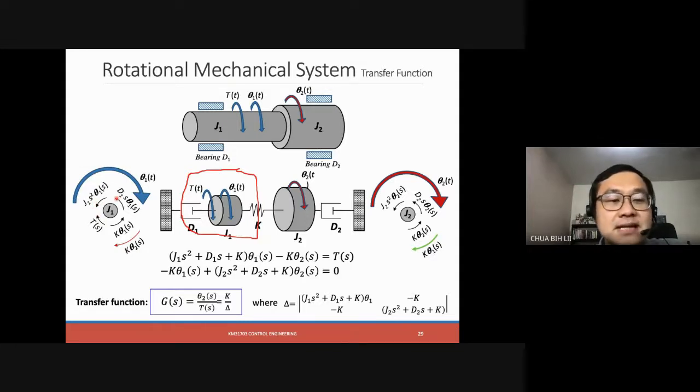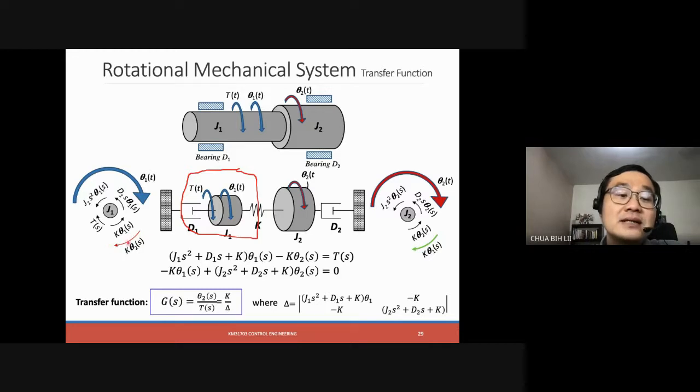The second part is when this side is not moving, but the other side is moving. If the other side is moving, then for sure it will turn this spring to rotate together in the clockwise directions. That is being reflected by this red color, right?